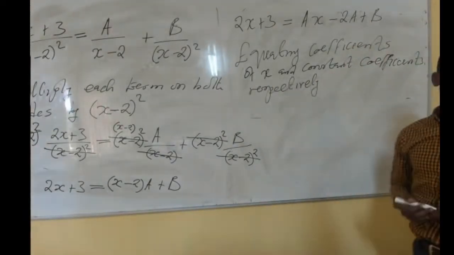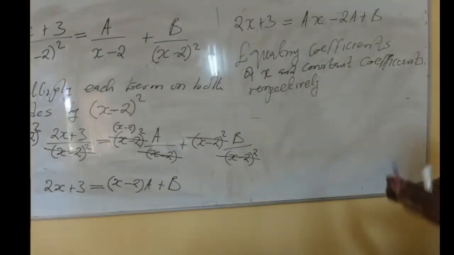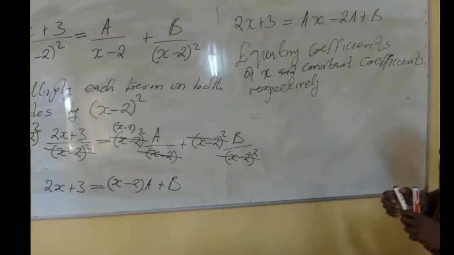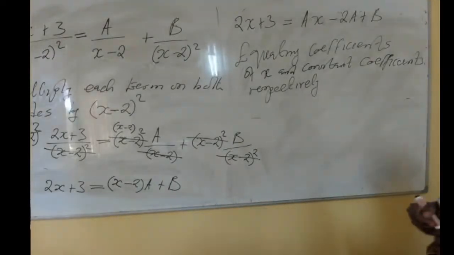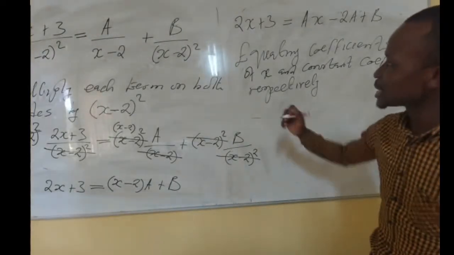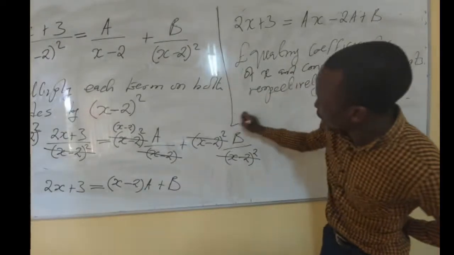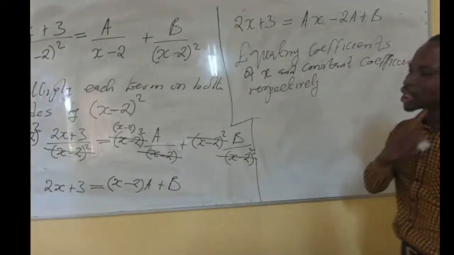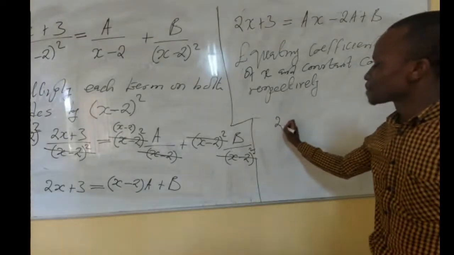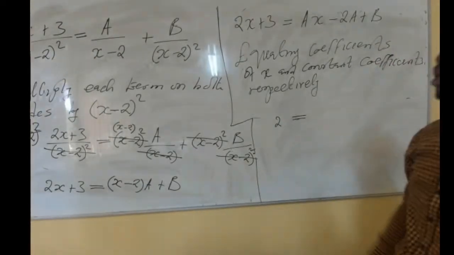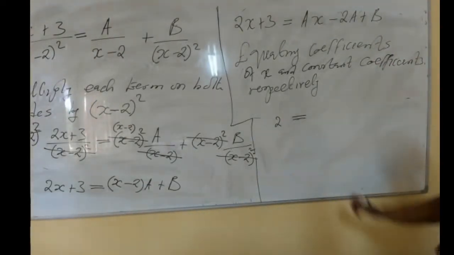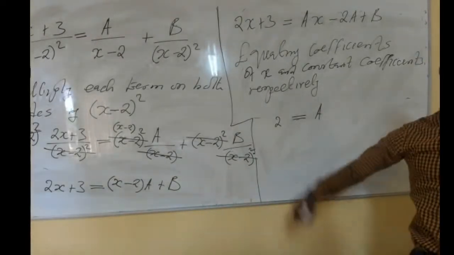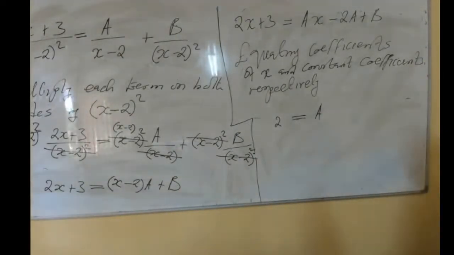So what are we going to get then? When we equate the coefficients of x together and the constant coefficients together respectively in that manner, on the left hand side, you're able to see that the coefficient of x is 2. On the right hand side, the coefficient of x is a. So this means a is equal to 2.